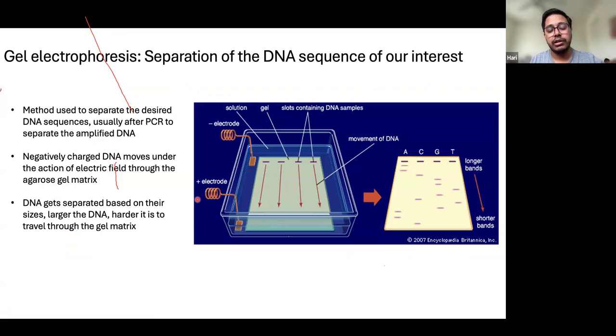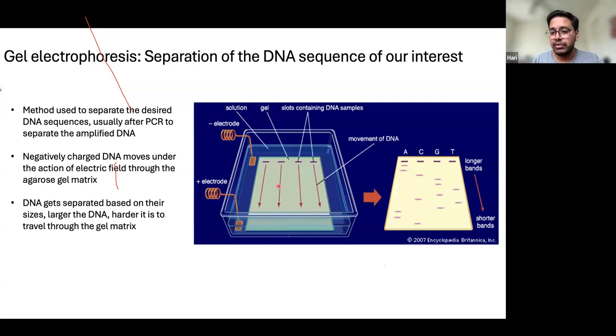DNA has a negative charge, so if we pass it through an electric field, it will move towards the positive electrode. We use an agarose gel matrix, and the DNA travels through that matrix. If the DNA is bigger, it is more difficult to travel through the matrix, and the smaller the DNA is, the easier it is to travel through the matrix.